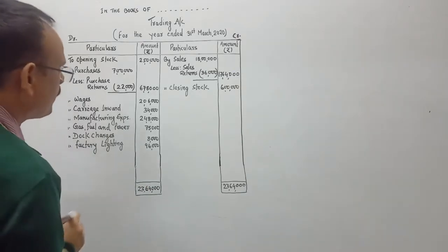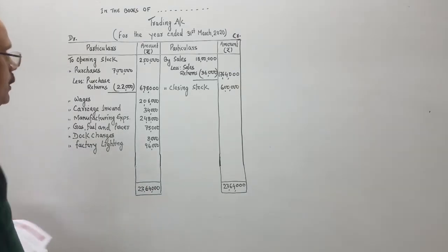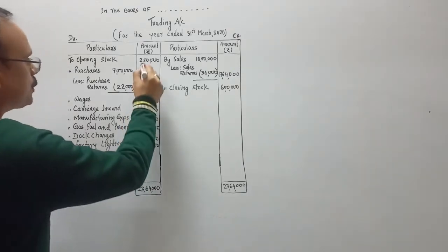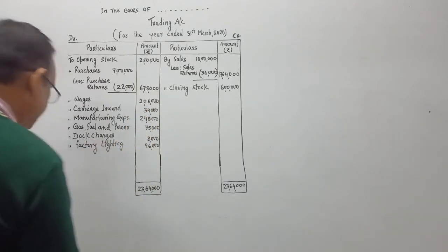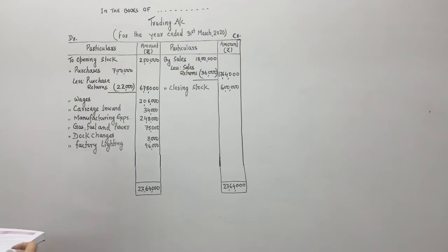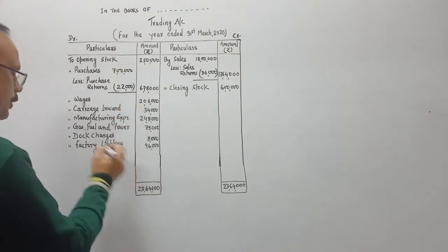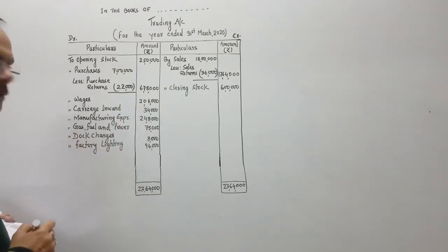Now we'll find out the gross profit. We'll do the total of this first over here, and thereafter we'll find out the difference. This is one way. Or you can directly write the gross profit over here.